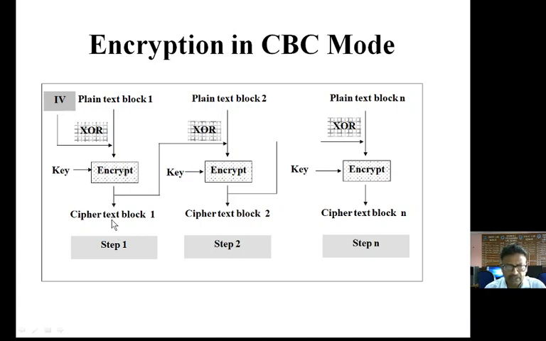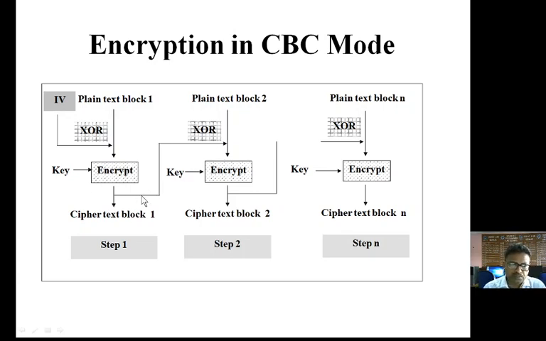The ciphertext block 1 is sent by the sender and received by the receiver. But before we convert plain text block 2 into ciphertext block 2, ciphertext block 1 is fed back to plain text block 2 in the form of an IV, because ciphertext block 1 works as the initialization vector in the second encryption part.